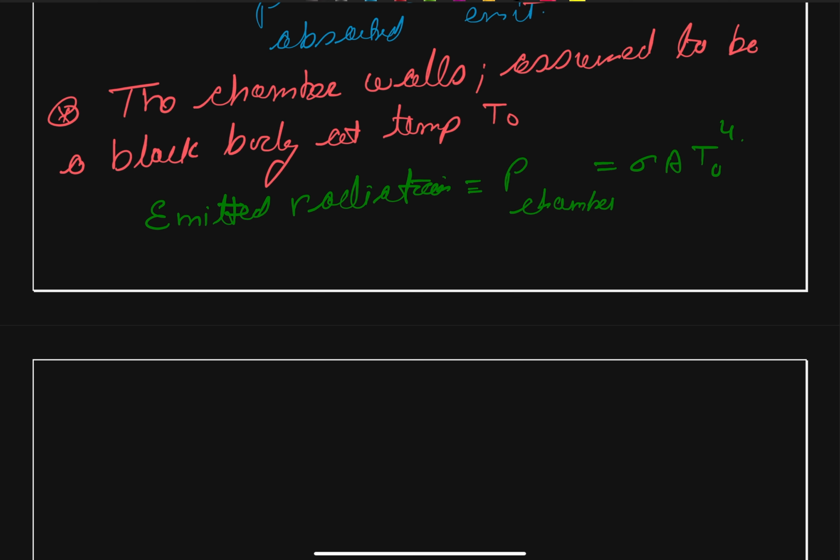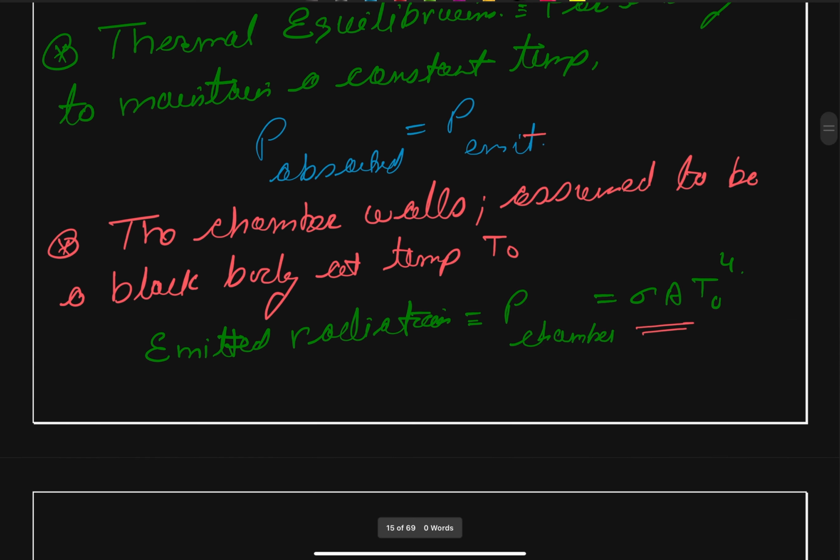This amount of power will be absorbed by the black body from the chamber walls in a closed system. So if the emitted radiation from the chamber is sigma A T0^4, the same amount of power will be absorbed by the black body, which is also inside the chamber.